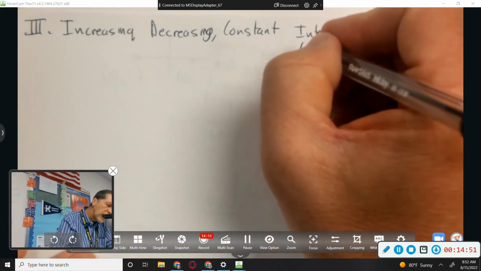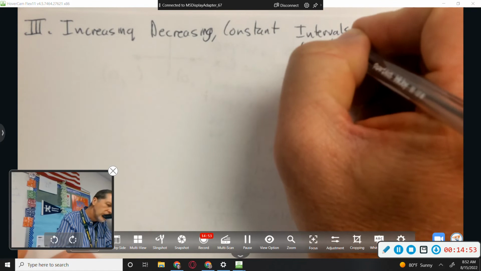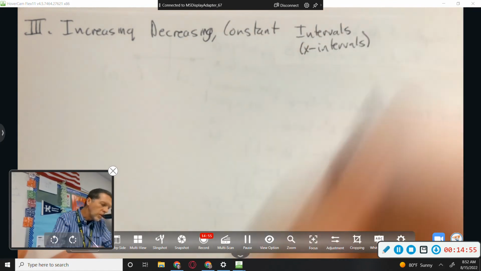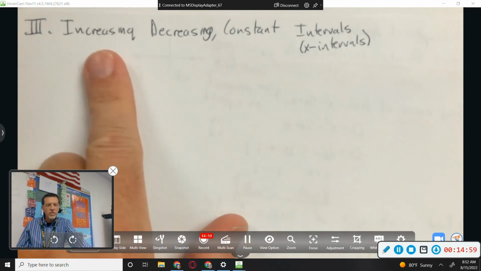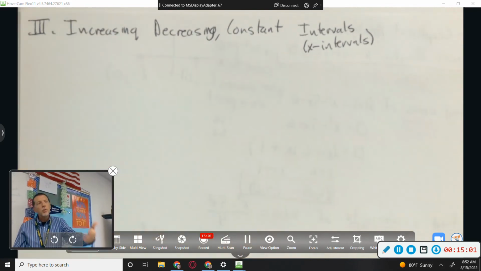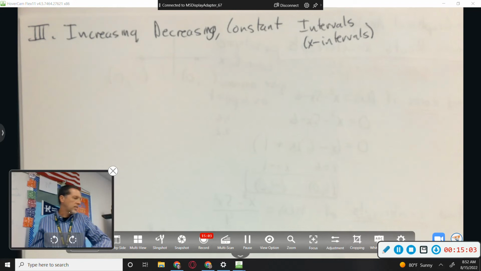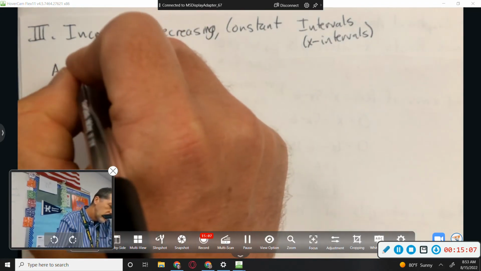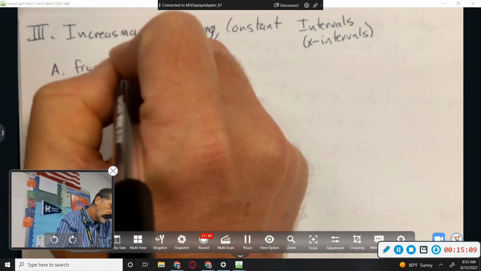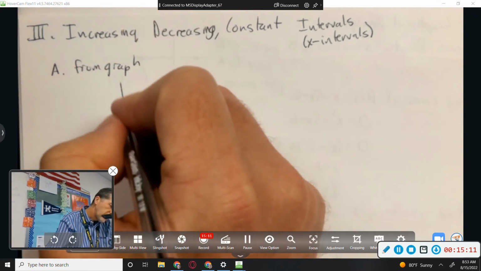And when we say intervals, we mean x intervals. So we don't really care about, well, the y values, I guess, tell us if it's increasing or decreasing, but we report the answer in terms of the x's. Let's do from a graph first.